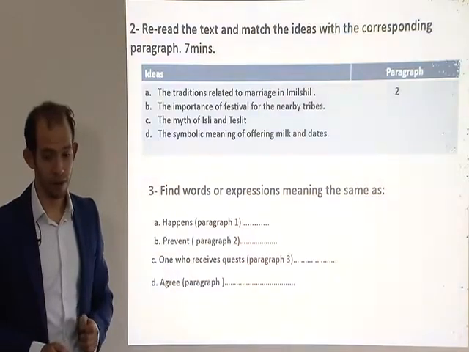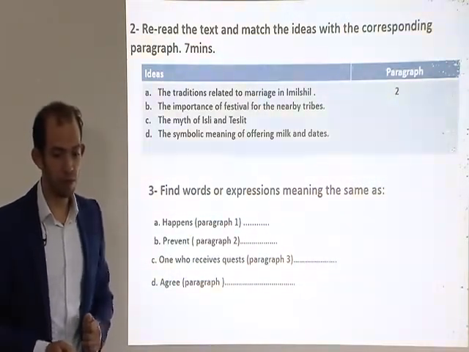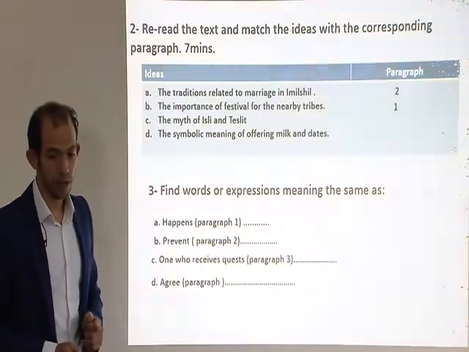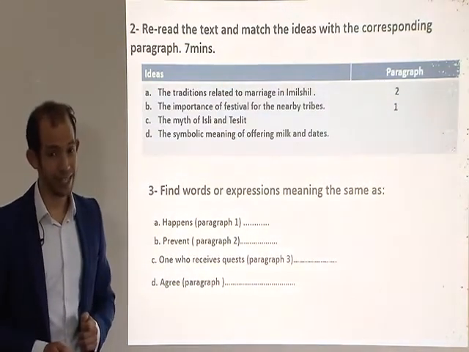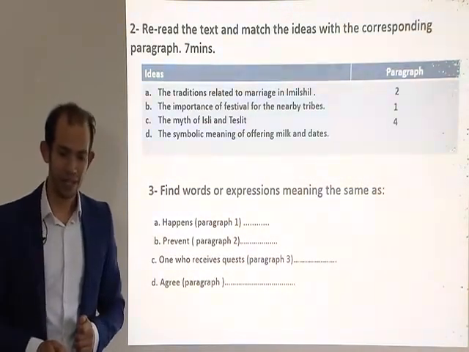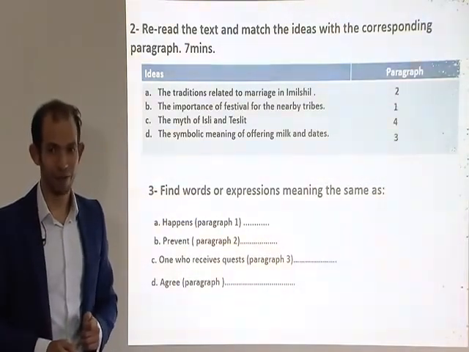It is in paragraph number 2. The importance of the festival for the nearby tribes. It's in paragraph number 1. The myth of Isli and Tislit, it's in paragraph 4. And the symbolic meaning of offering milk and dates, it's in paragraph 3.